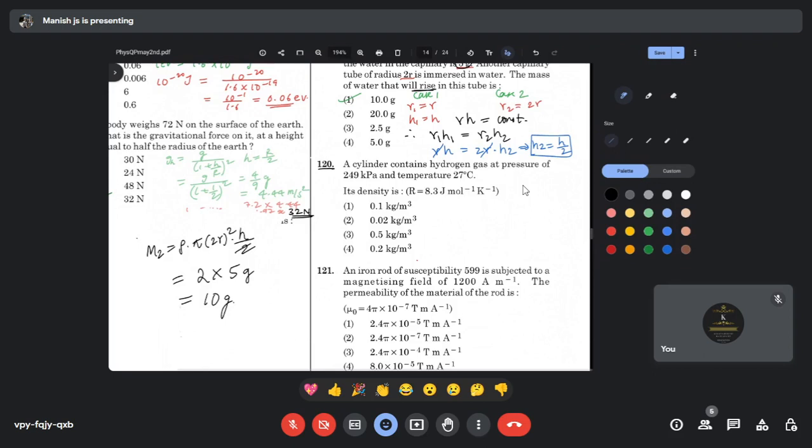Its density is what you will have to find, and the universal gas constant value is specified in the question. So you will need to find out.